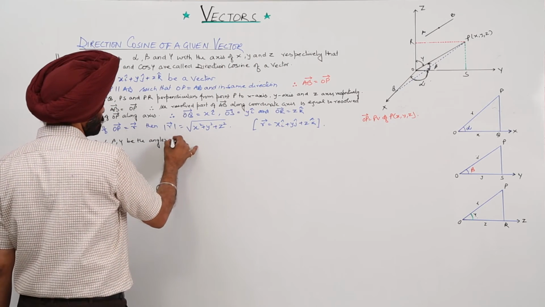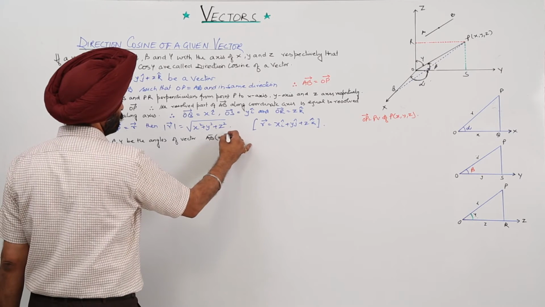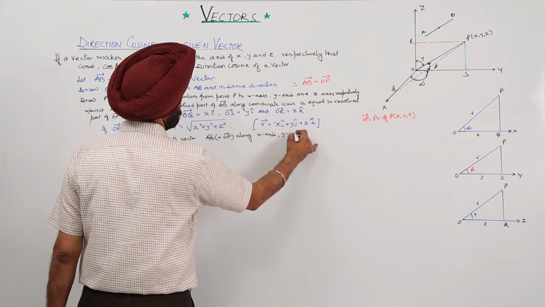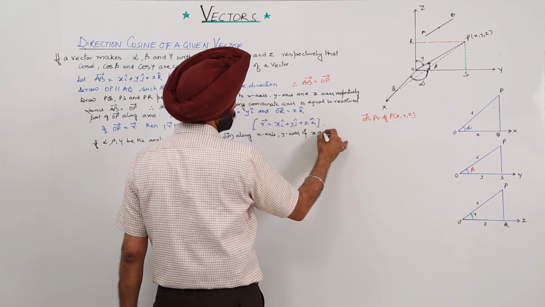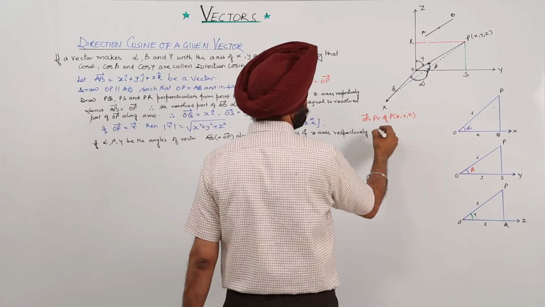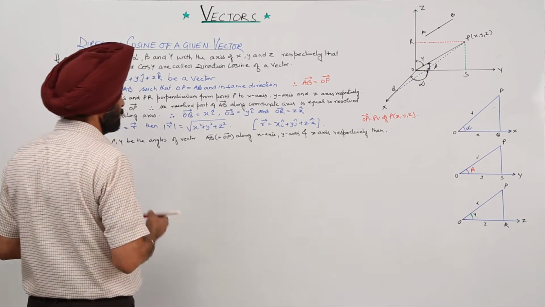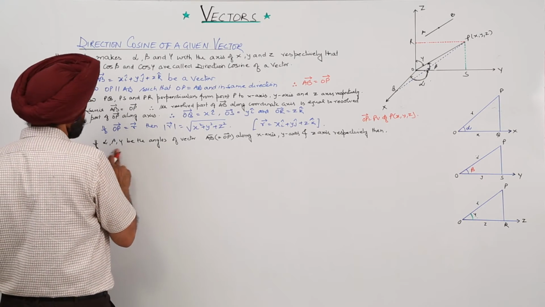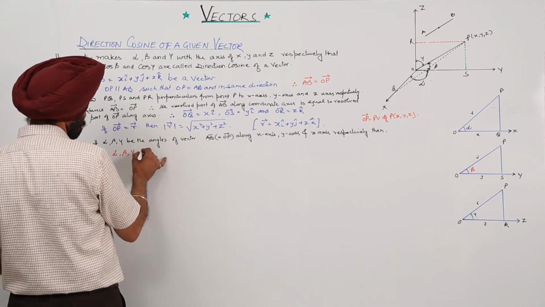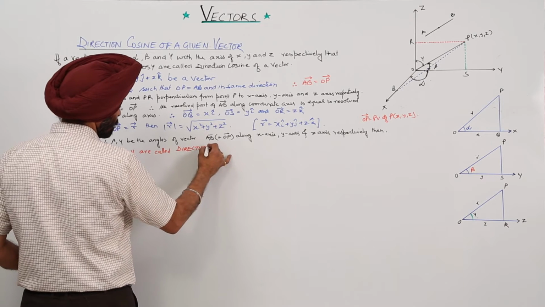If alpha, beta and gamma be the angles of vector AB, equal to vector OP, along x axis, y axis and z axis respectively, then alpha, beta and gamma are called direction angles.